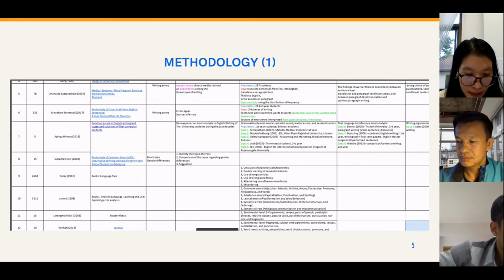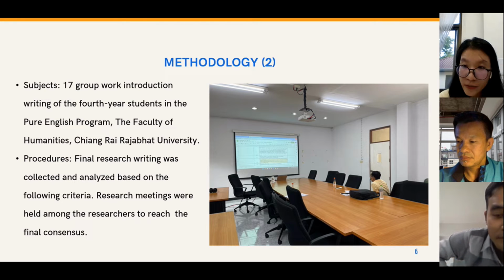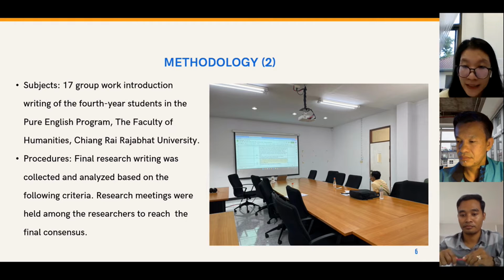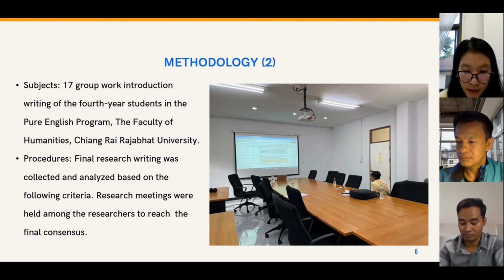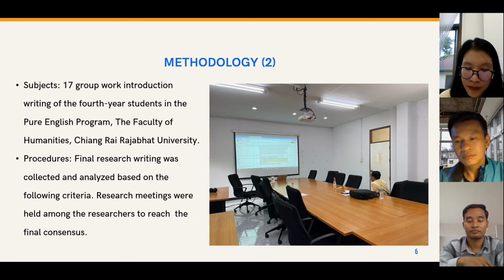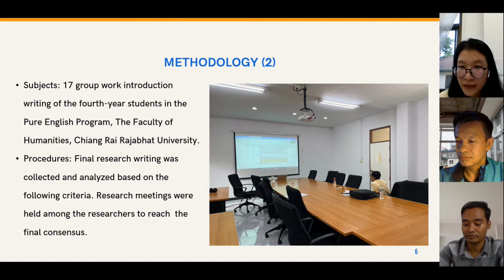In the second stage of this study, 7 group work introduction writings of the 4th-year students were collected after they finished writing their final assignment. Because the students worked on the same topic, readability analysis of TOEIC test, the author purposely selected the introduction part not only to meet with our topic, but also to meet the important criteria.